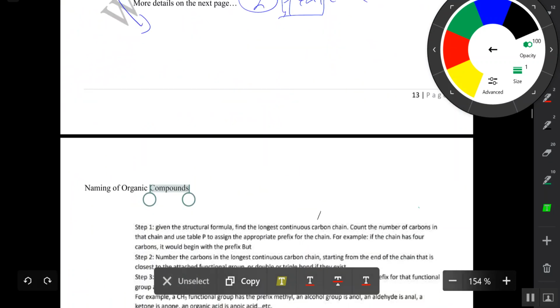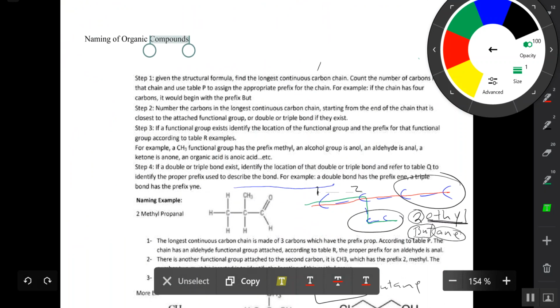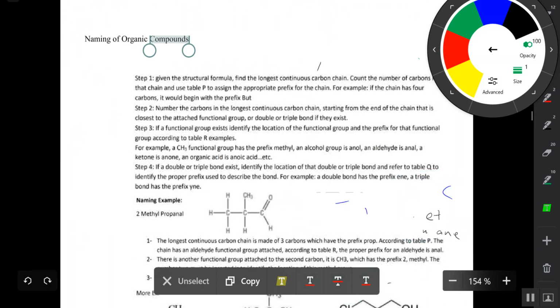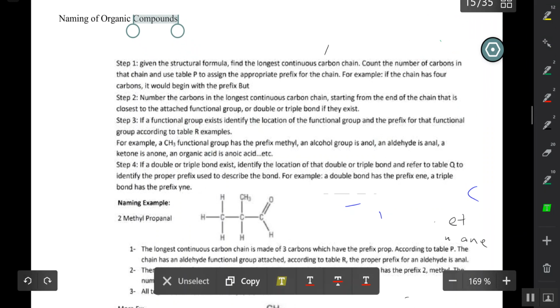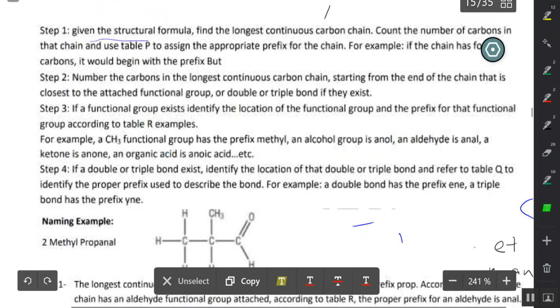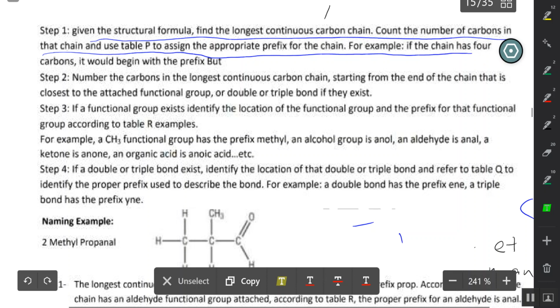So let's read a little bit here, because this talks a lot about table R. Always start from the end that's closest to the functional group or double or triple bond.